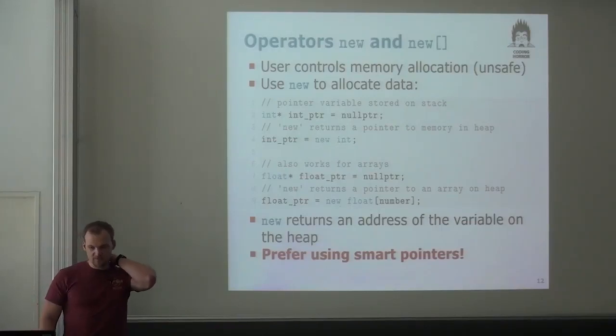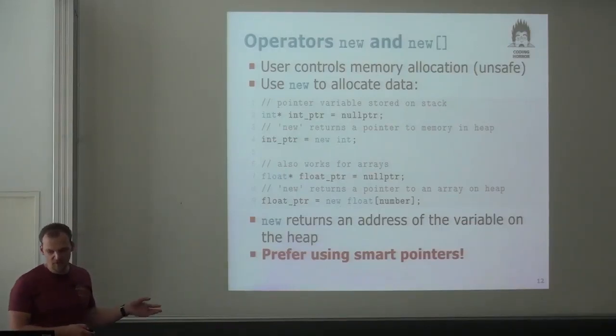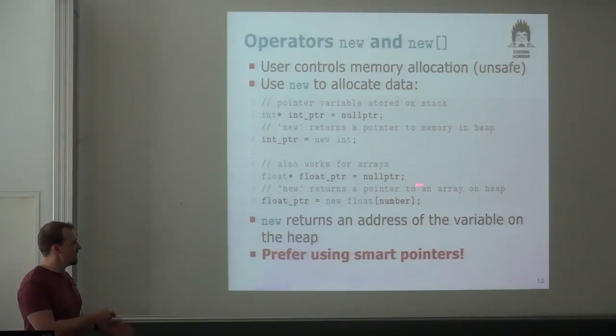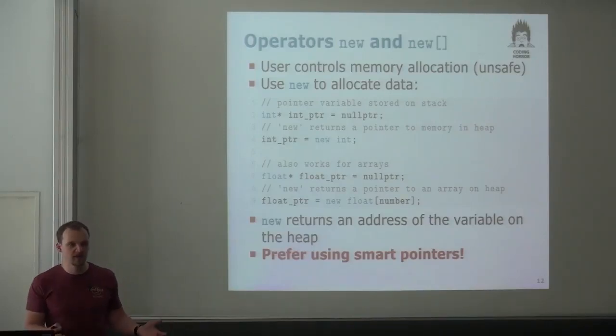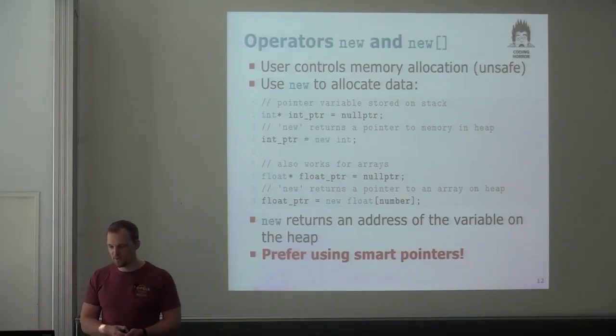You can also do the same thing for arrays, but it's not really relevant for the course, so it's just there for you to know that it exists if you see it anywhere in the real world. But we're not going to focus on that in the course.